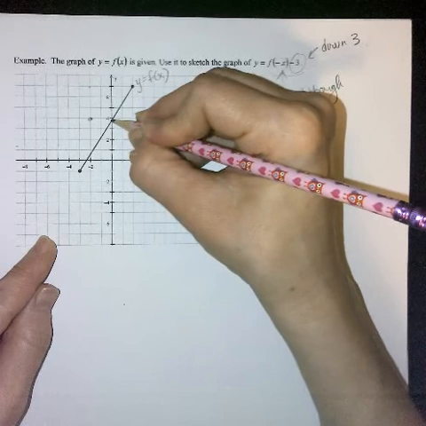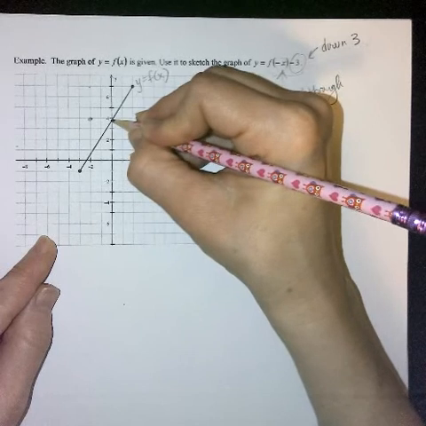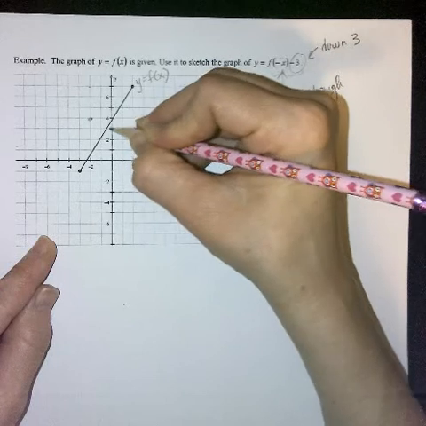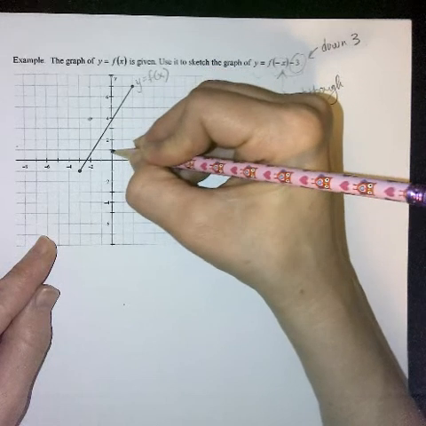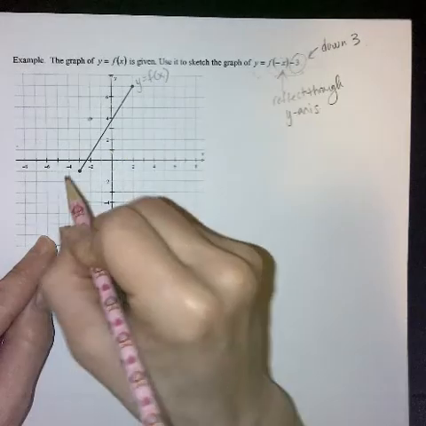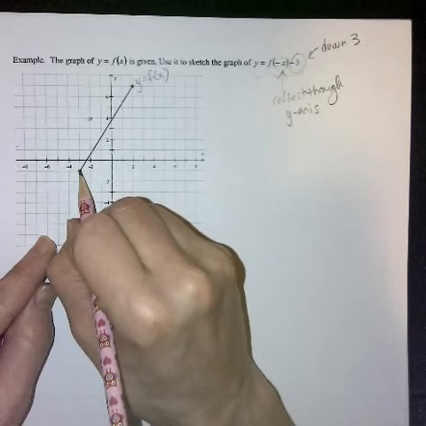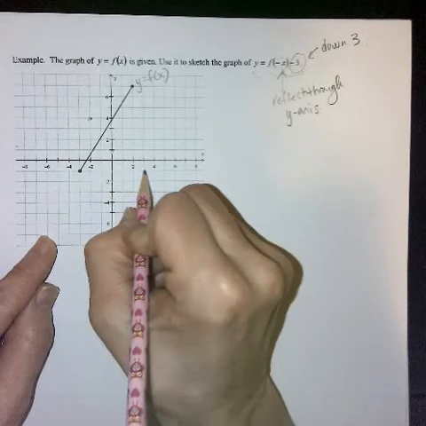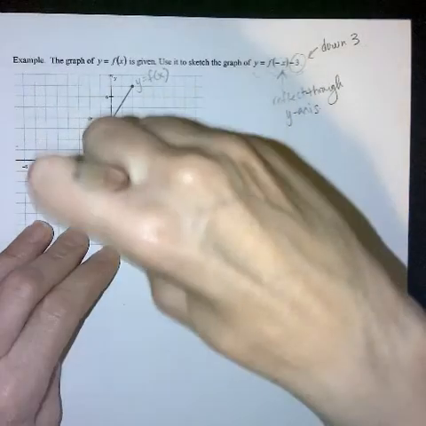But then when you move it down 3, 1, 2, 3, you have to remember to put it a little bit below 1 then. This over here, 3 units away from the y-axis, gets reflected over here. Whoops, but then I got to move it down 3. So 1, 2, 3. So notice how they're lining up.